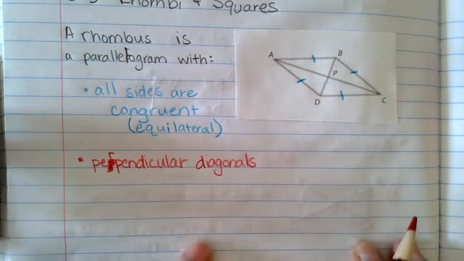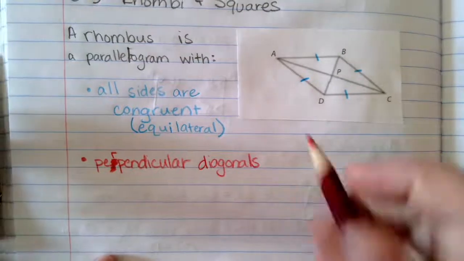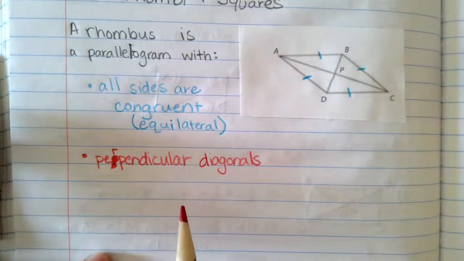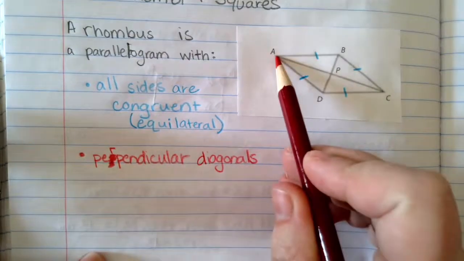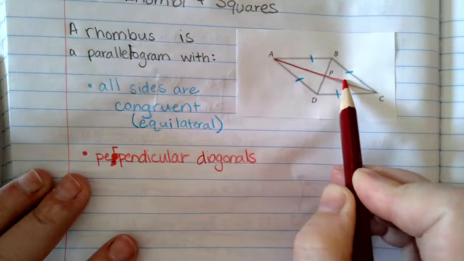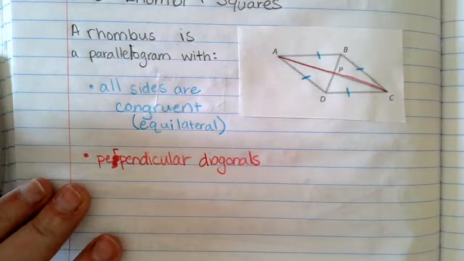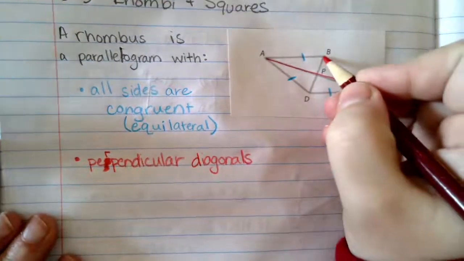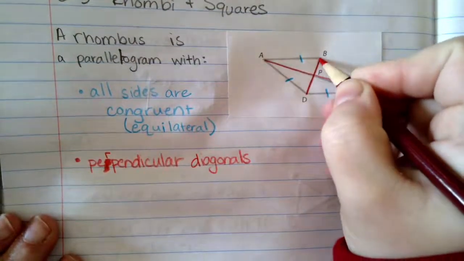Start at A. A to where is going to be a diagonal? A to B, A to C, or A to D? Good. A to C is a diagonal. What's the other diagonal? Oh, you guys are just the smartest. B to D. You guys like to pretend you're not smart, but you really are.